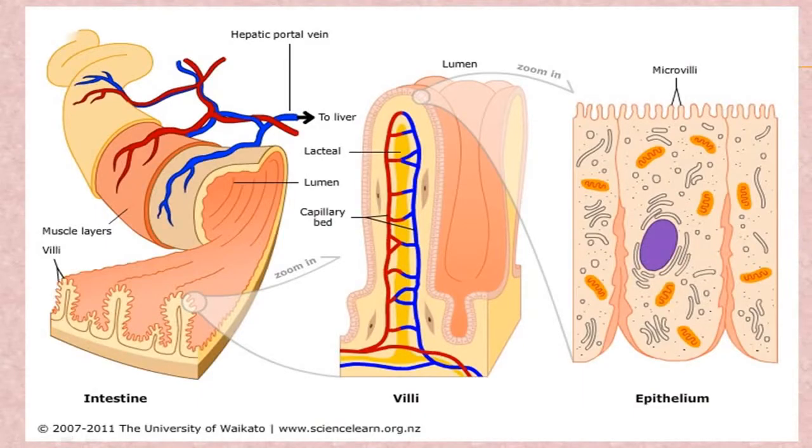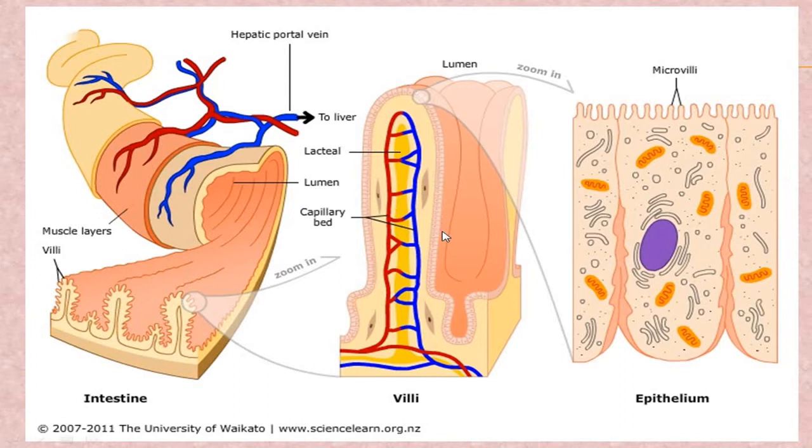This is another figure that shows the villi. This is the section of the wall of the intestine. Remember the four layers: outer one serosa, then muscular layer, submucosa, and mucosa. Mucosa form these folds, and these folds they form finger-like projections called villi. This is villus.